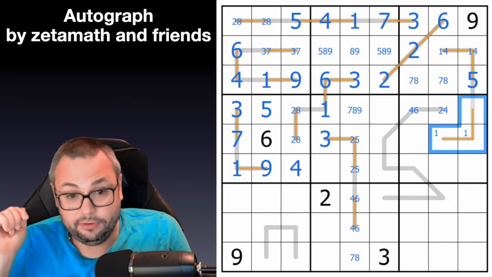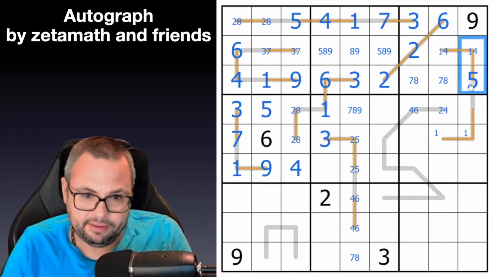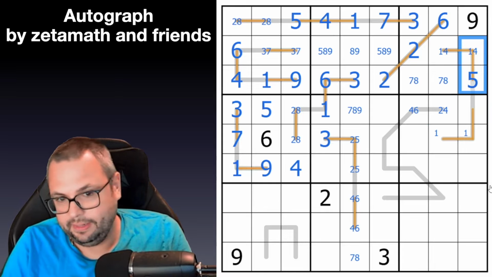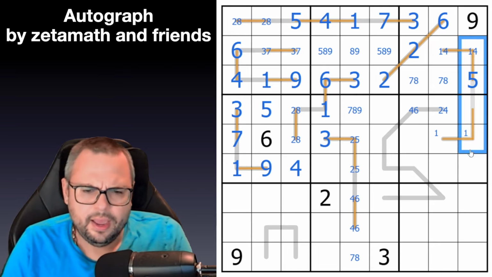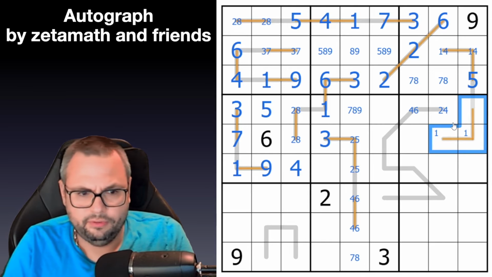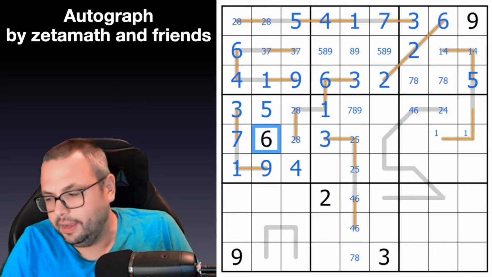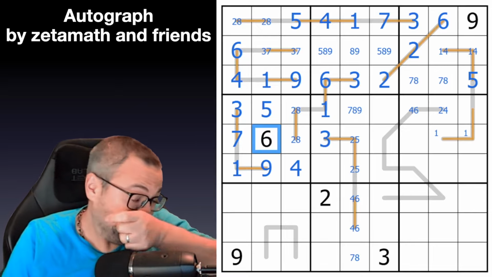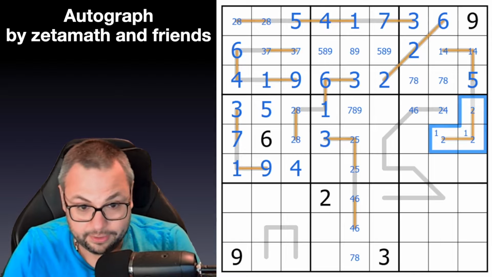That would make my life a lot easier. It didn't look that restricted to me, but I think it is. It's not 1, 4, 5 because it would clash with this. I'd need 4 digits from 1, 4, 5 in the row. That's too many. Or column, I suppose. It's not 1, 3, 6 because neither of these cells can be 3 or 6. So it has to be 1, 2, 7 because we know it has a 1 in it. Yeah, it is indeed correct.